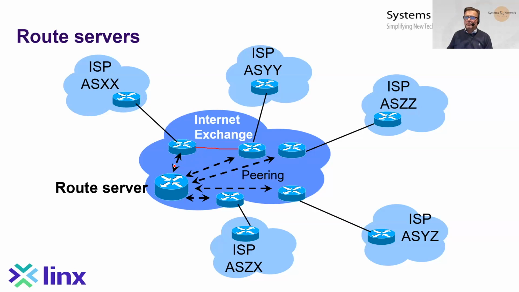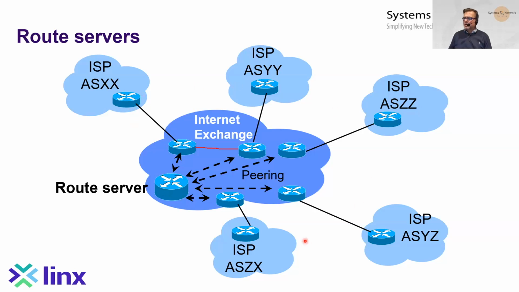But what the route servers provide, which is shown by the dotted lines here, is that instead of the service providers' routers having to directly connect with each other and have these huge numbers of connections, the service provider router interconnects and peers with just the route server itself, which is provided by the Internet Exchange.